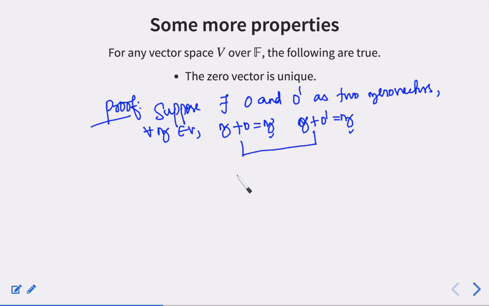So these two together imply that z plus 0 must be the same as z plus 0 prime. Now, in the previous slide I have proved that the cancellation law is true for vectors, which means I can cancel out the common terms over here, and therefore this 0 must be the same as 0 prime. So that proves that if there are two zero vectors present, then both should be the same. Therefore the zero vector in a vector space is always unique, right?